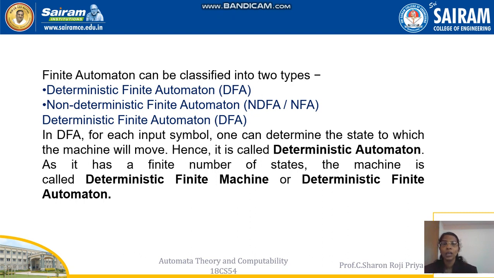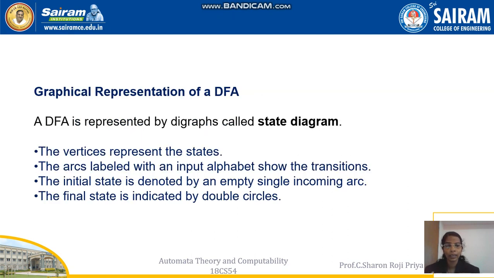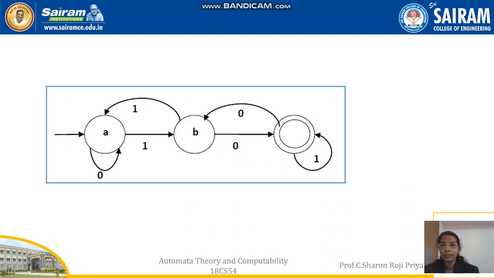So if a state takes an input, it will move to one other state. By seeing this diagram, I can understand the input symbols are 0 and 1. I have only two alphabets, 0 and 1.